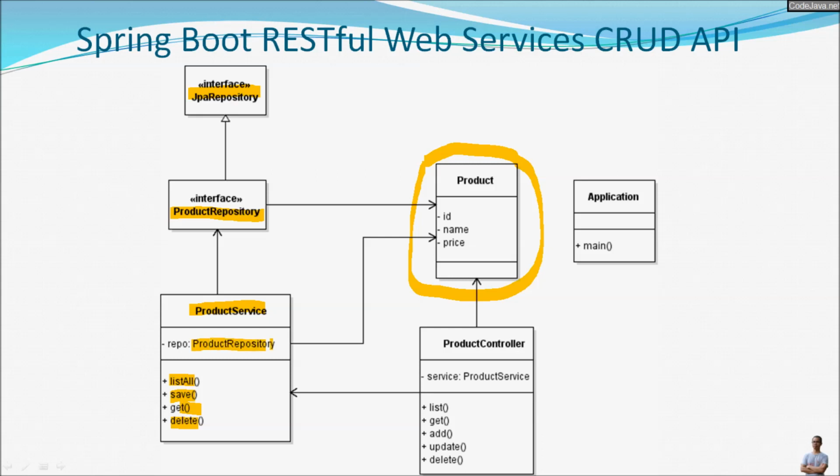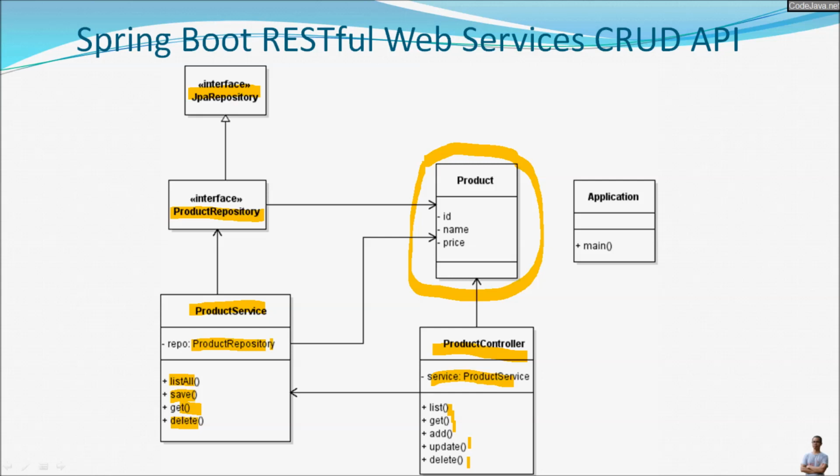And for the controller layer, to expose a RESTful Web Services API to the clients, we code a Spring REST controller class, ProductController, that exposes web services or RESTful methods: list, get, add, update, delete, which correspond to CRUD operations. And this controller class depends on an instance of the ProductService class.